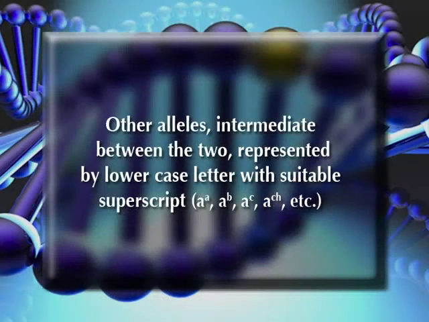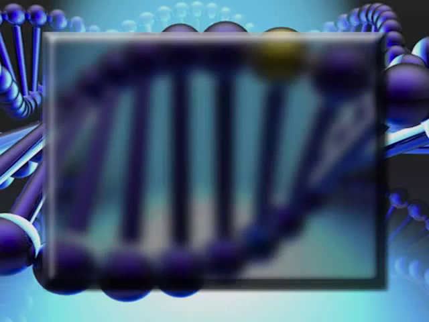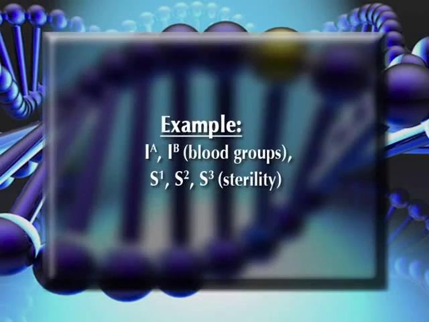Other alleles are intermediate between the two and are represented by the lowercase letter with suitable superscript, which is aA, aB, aC, aCH, etc. In case two or more alleles are equally dominant over other alleles, a capital letter with suitable superscript is assigned to them. For example, IA, IB, S1, S2, S3, etc.